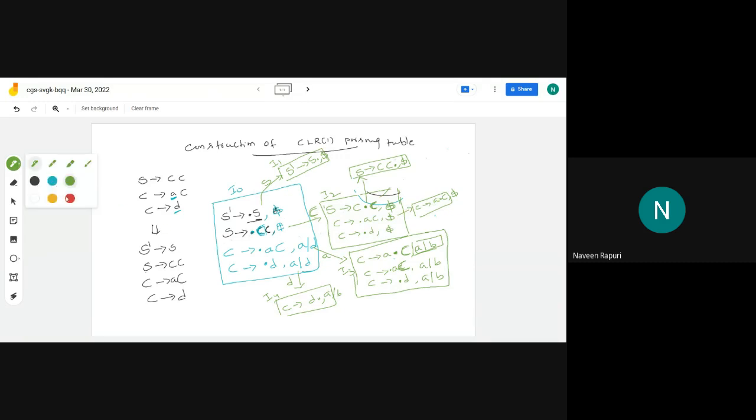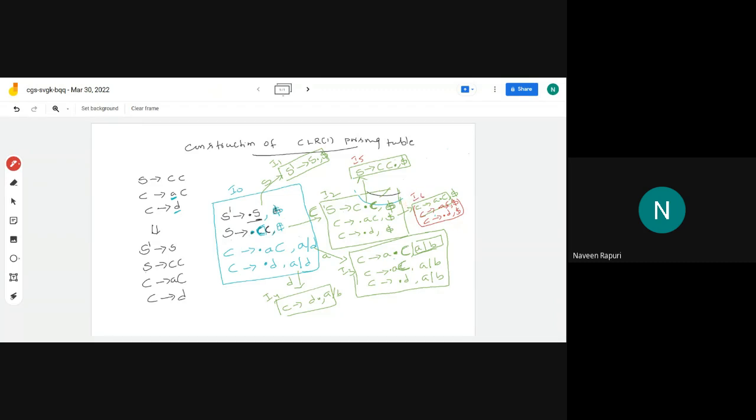What are the productions we need to add? C derives dot AC. After C we are having only dollar, so the look ahead symbol is dollar only. Again, C derives dot D. Here also it is dollar. So this is I5 and this is I6.